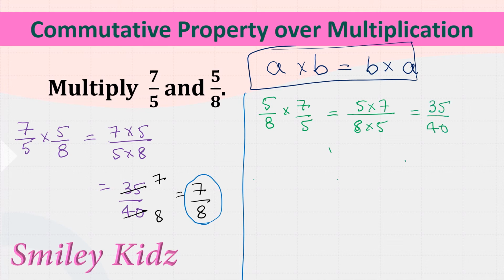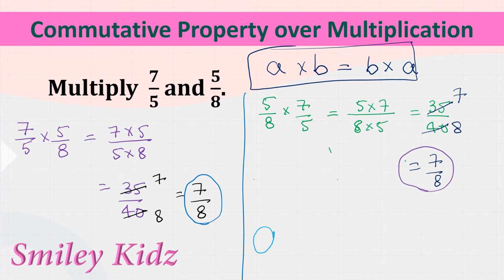Is this our final answer? No, we can further simplify. 5 times 7, 5 times 8, which is equal to 7 by 8. When we did A into B, we got the answer as 7 by 8. And when we did B into A, we got the answer as 7 by 8. What does it conclude?